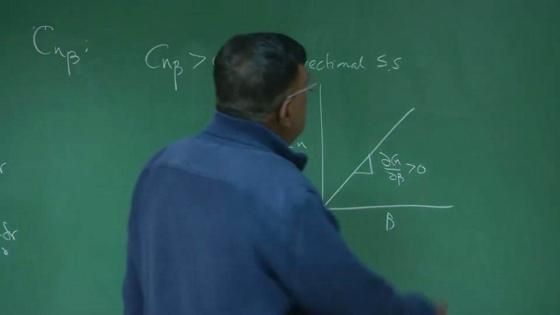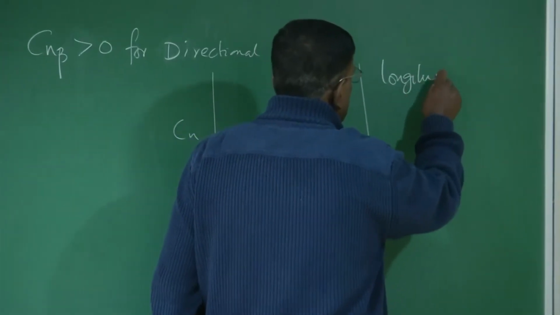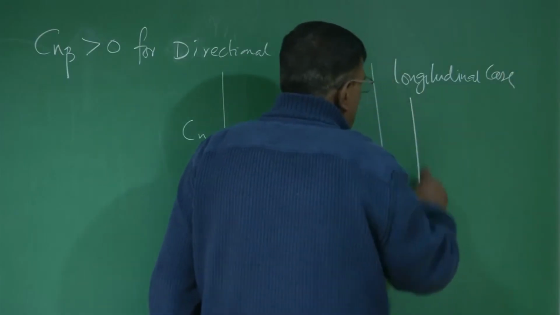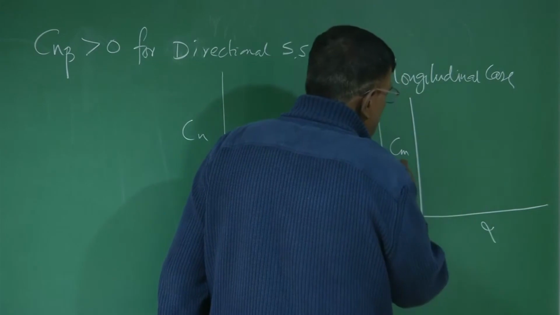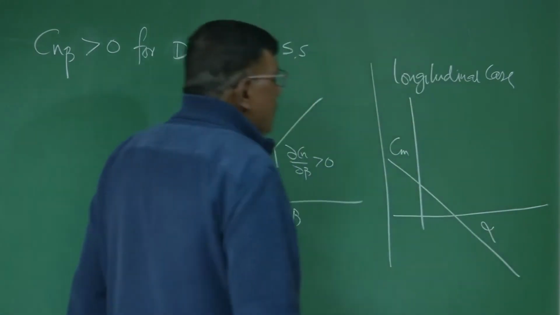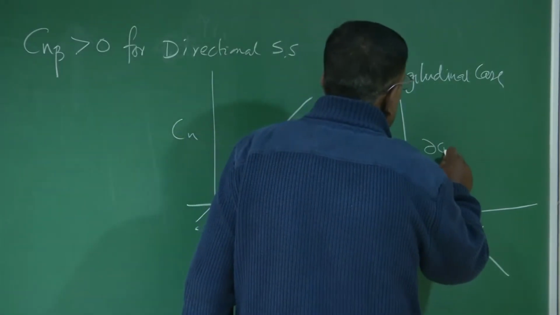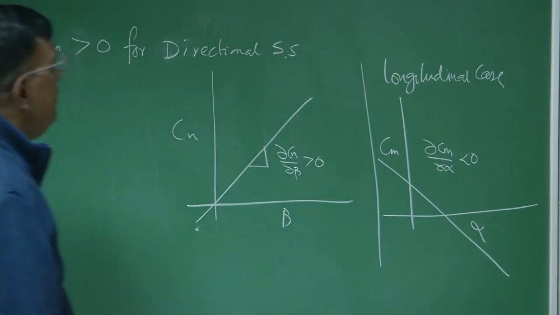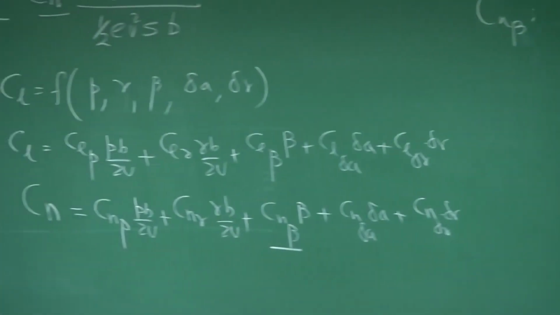For the longitudinal case, if I draw Cm versus alpha, the slope should be negative, so dCm by d alpha should be less than 0. You have recalled, in fact, we have done all this earlier.